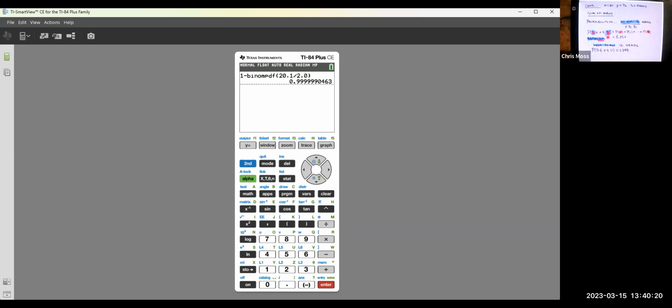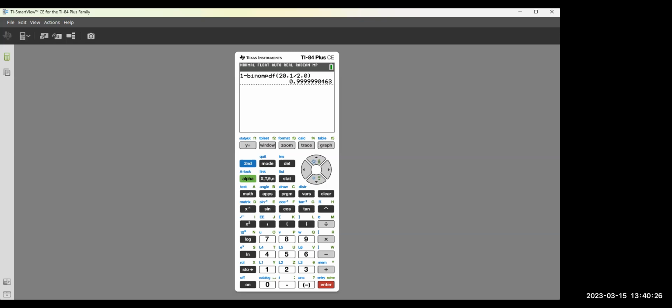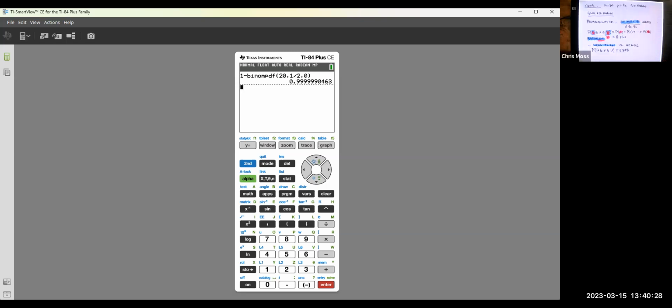A sum, and that's the big difference. Okay, thank you. And you've got to read the question carefully to determine whether you have the PDF or the CDF.